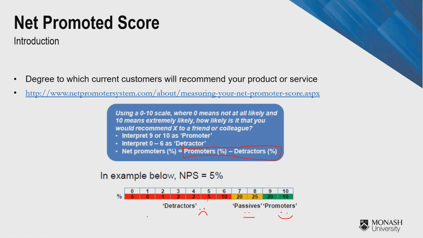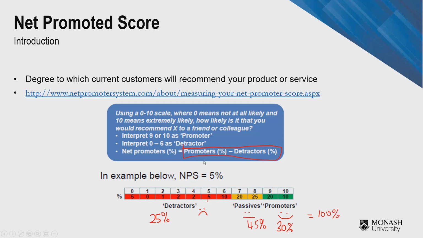So I'm going to write here, the detractors is 25%. Now, I'm not a math smarties, I calculated this beforehand, so don't be surprised. Passive is 20 plus 25, that will be 45%. And obviously promoters, 20 and 10, it's 30%. So 45 plus 25 plus 30 equates to 100%, which is what we want.